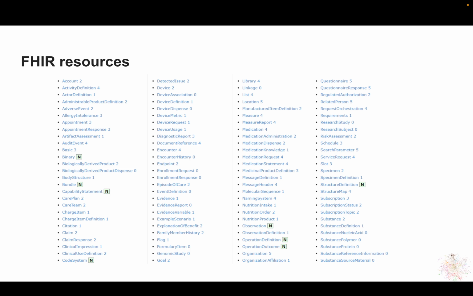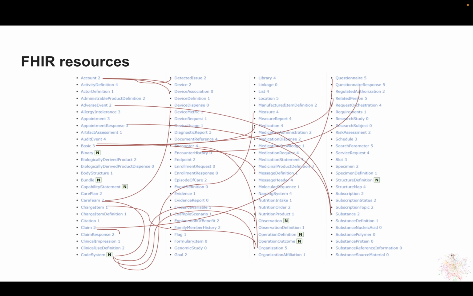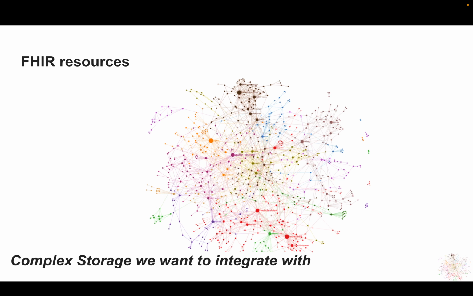Here is the list of FHIR resources, and there are a lot of them, more than 100. Firstly, I tried to draw all the relationships and dependencies between these resources, but I was too lazy and decided to use this picture, which was actually the title for this section.